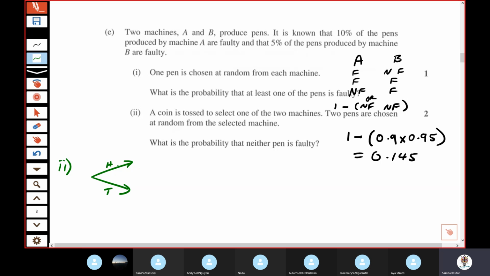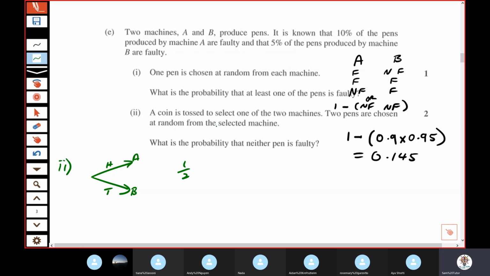And let's say heads was for machine A and tails was for machine B. So if you've got heads, you get A. Doesn't really matter, you could have done heads as B. So let's just say it was A. So if you got A, that means you must have got heads, which is half.